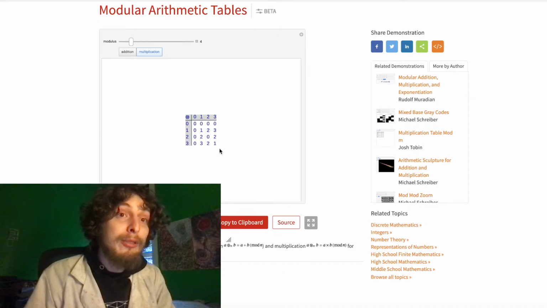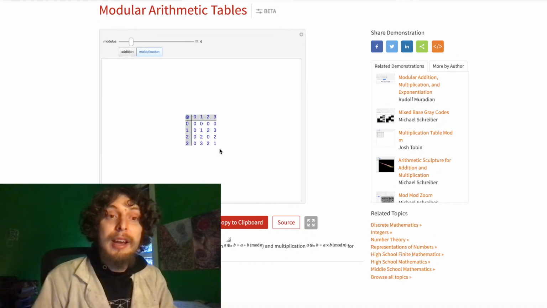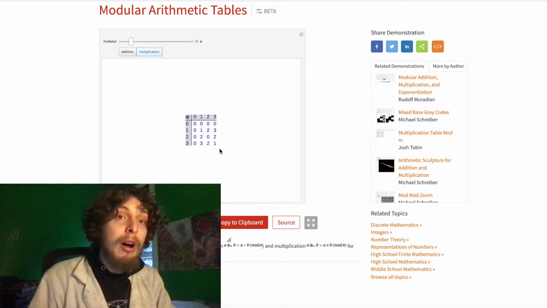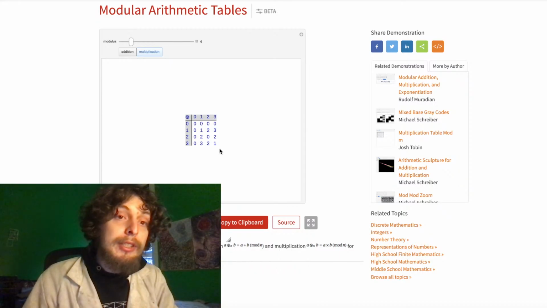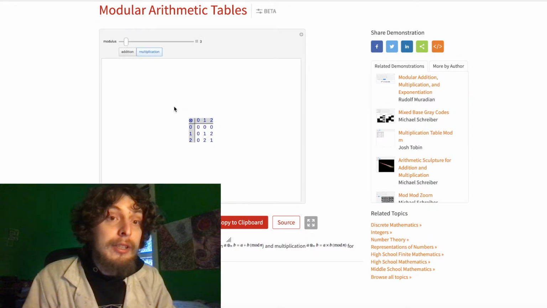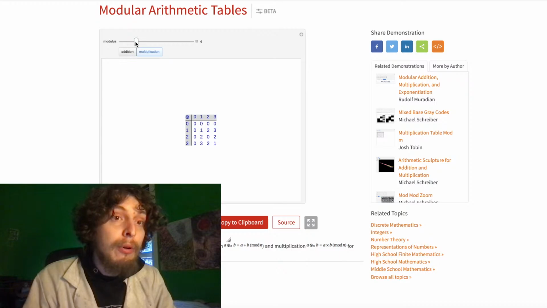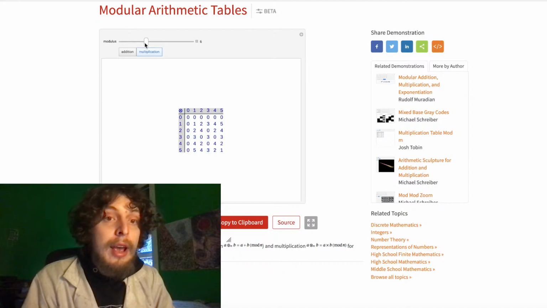They alternate between going multiple of 4, 1 more, multiple of 4, 1 more. So these diagonals are very important in number theory because they're, in a different mod, the only things square numbers can be. And as you go up, it seems kind of perplexing that they all hold true, that every square number is either 0 or 1 more than a multiple of 3, either 0 or 1 more than a multiple of 4, either 0, 1, or 4 more than a multiple of 5, either 0, 1, 3, or 4 more than a multiple of 6, and it keeps going.